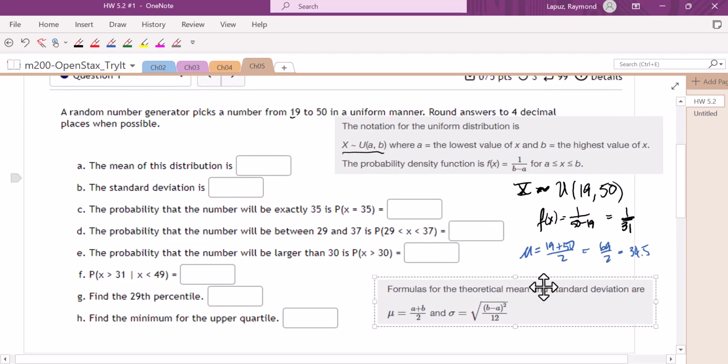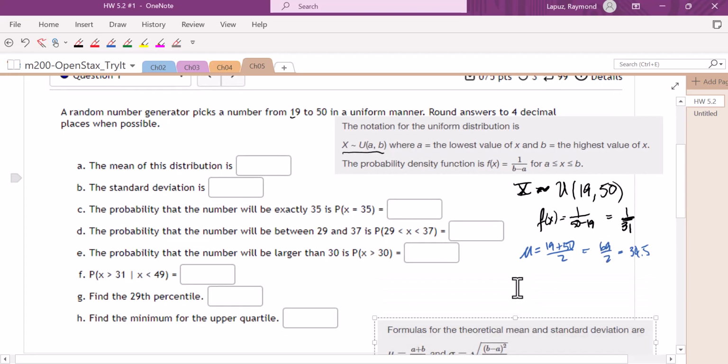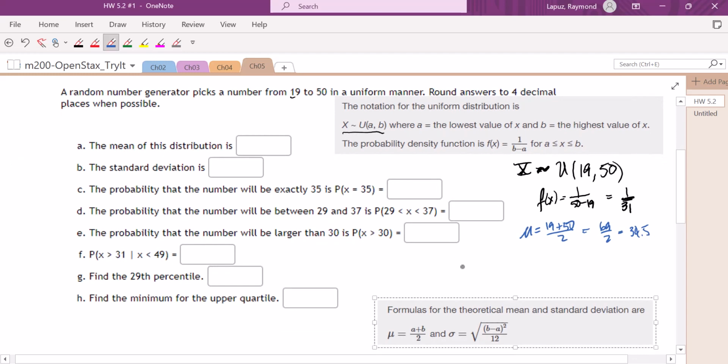Our standard deviation will be using this formula. Sigma will be equal to the square root of the difference between them, 50 minus 19, quantity squared, divided by 12. The difference was 31, and we square that and divide by 12.